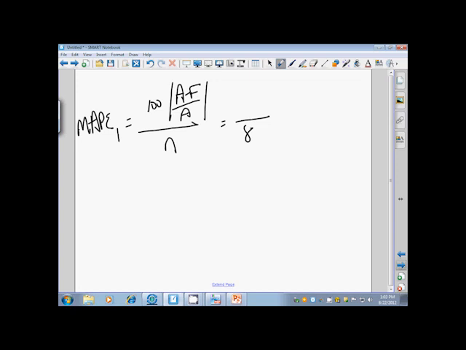Well, if we take a look back at week 1, I'm going to take the absolute value of A minus F, divide it by my A, and then multiply by 100.